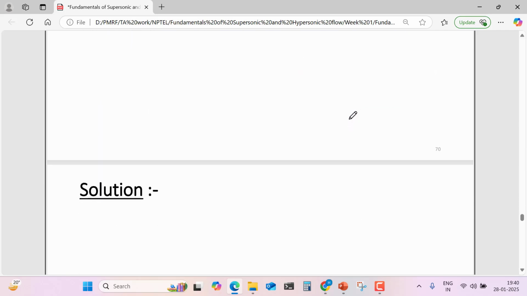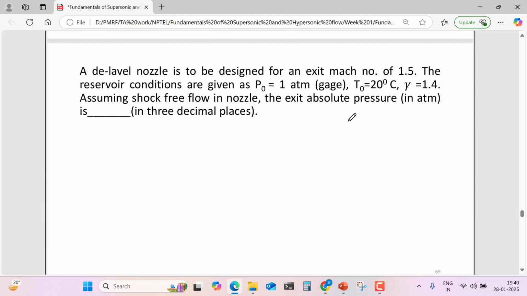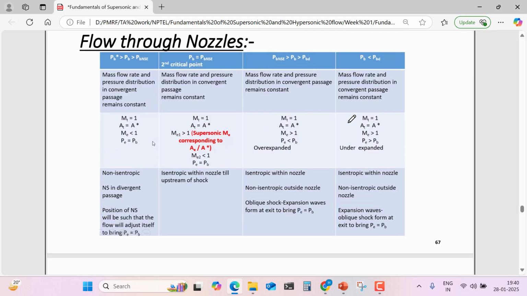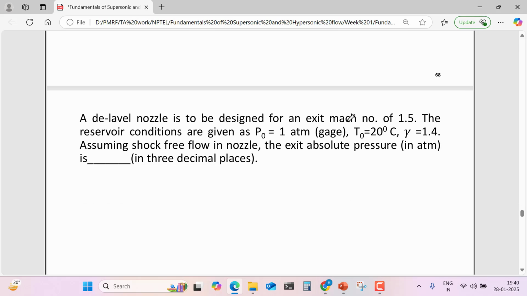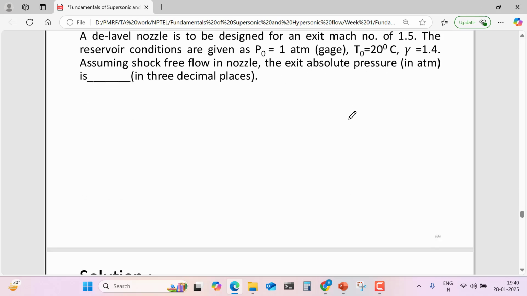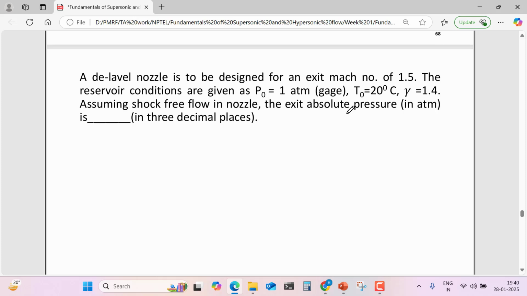Now we will see one problem related to a CD nozzle. A CD nozzle is to be designed for an exit Mach number of 1.5.